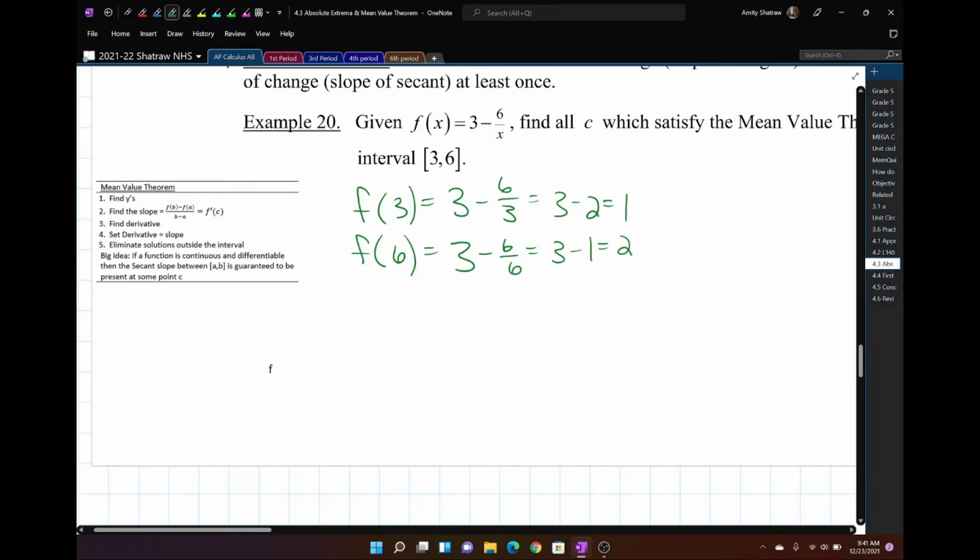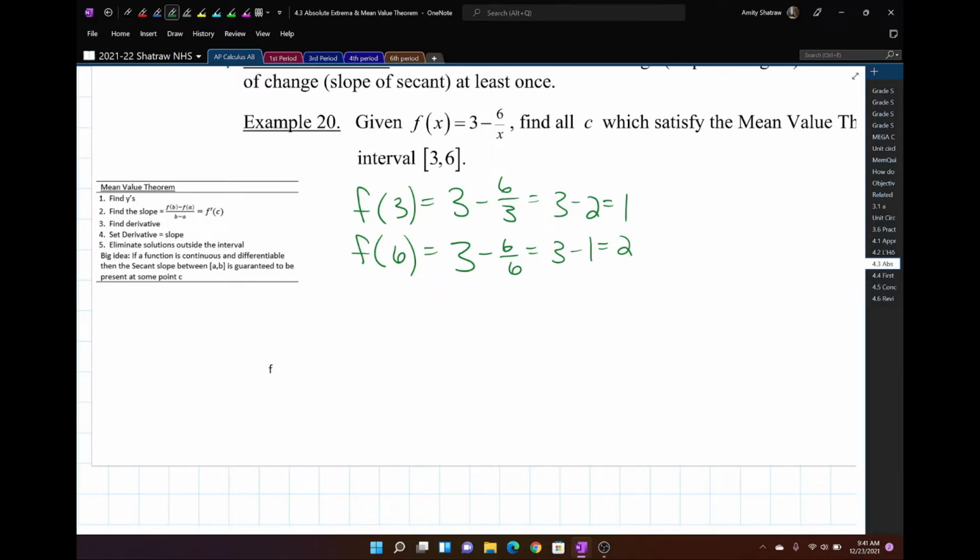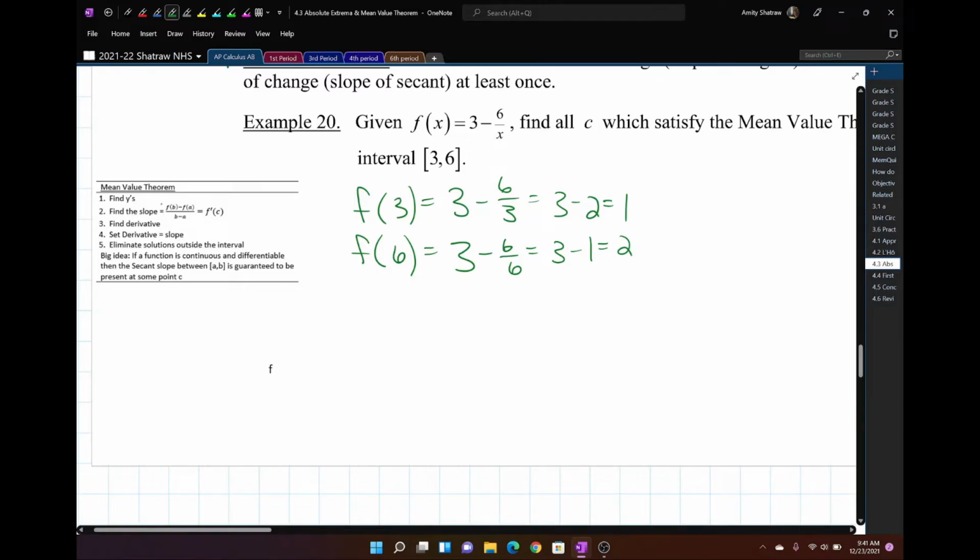And I'm very pleased. And then I have to calculate the slope. So I'm going to say that this is x sub 1, this is y sub 1, x sub 1 and x sub 2, and y sub 1 and y sub 2.